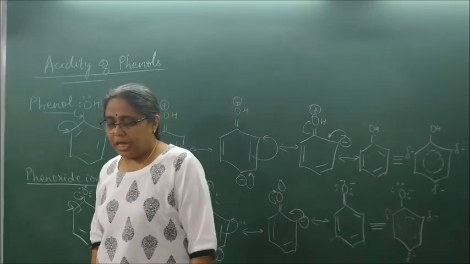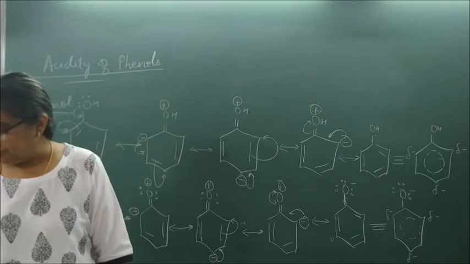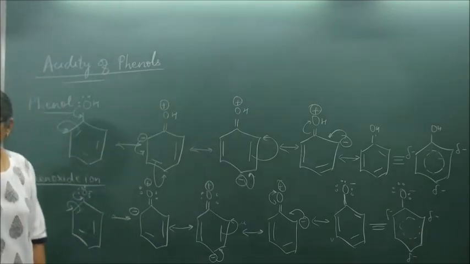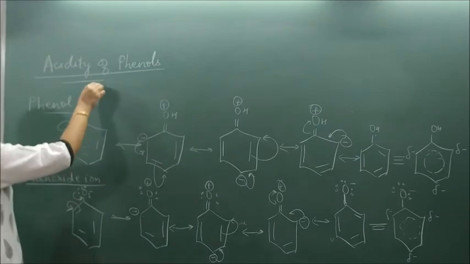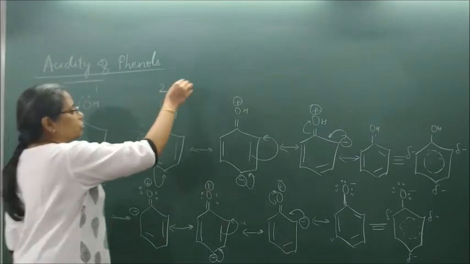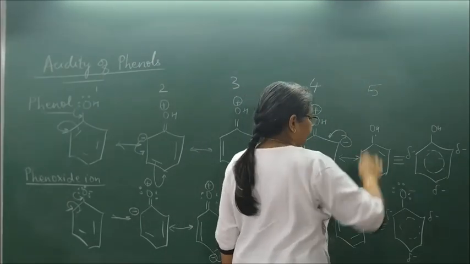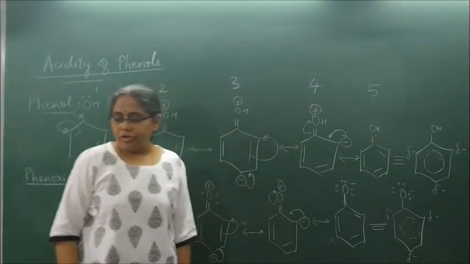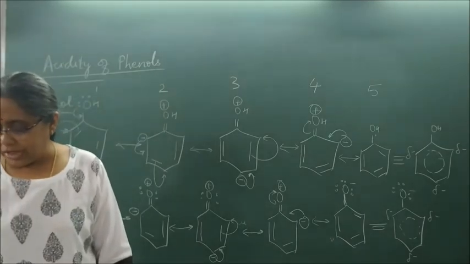It is the resonance hybrid. Let us number these structures as 1, 2, 3, 4 and 5, leaving aside the resonance hybrid.